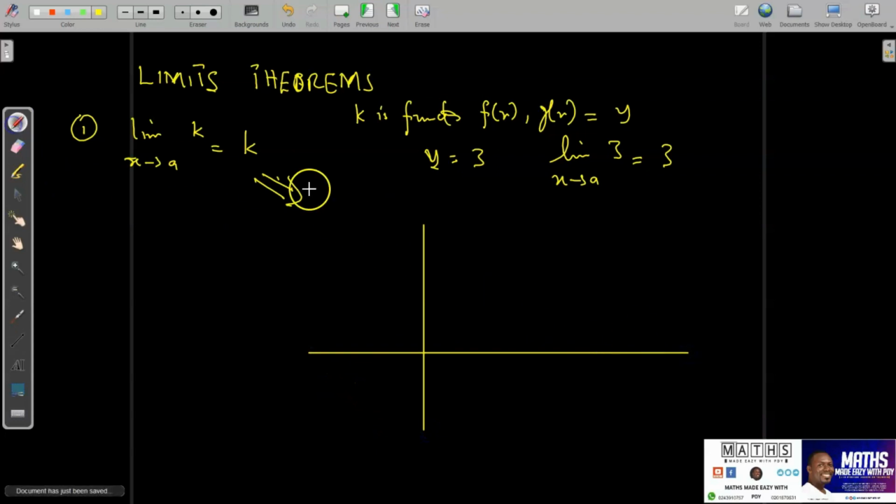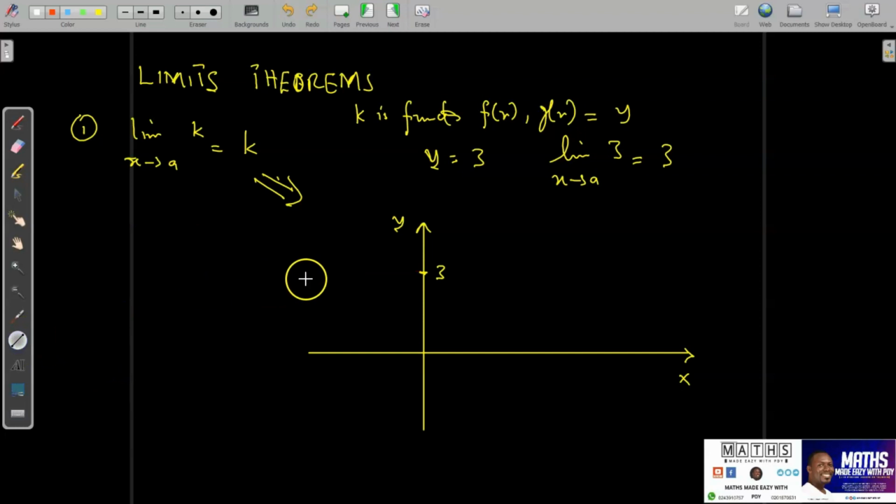So this is my y-axis, that is my x-axis. Now, we said that 3 is representing y, isn't it? So it means I have 3 here. Do you agree? Good. So now, let us draw y equal to 3, which is a straight line.